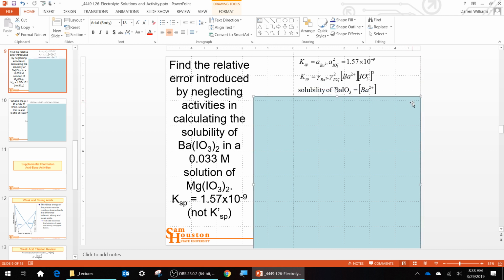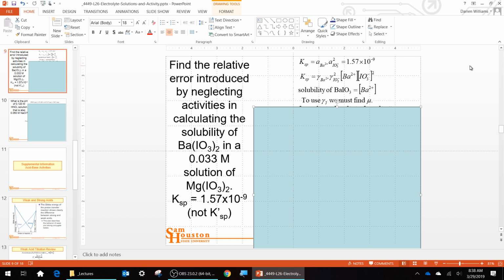And we want to know the solubility of the barium iodate, and that's essentially going to be the molar concentration of the barium ions after solving this equilibrium question. So we have an equation here, and we want to know the barium concentration. But right now we have 4 unknowns. That's a problem. Right?